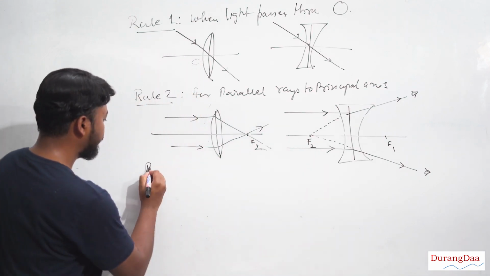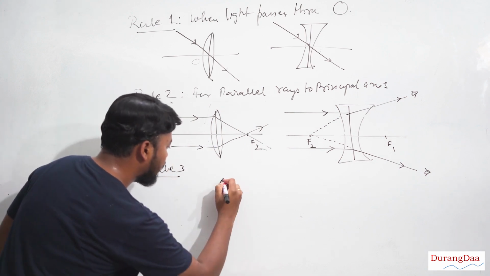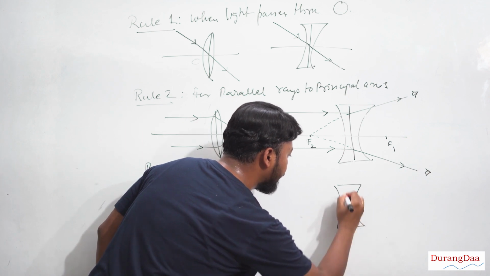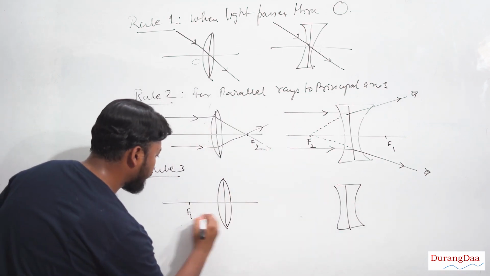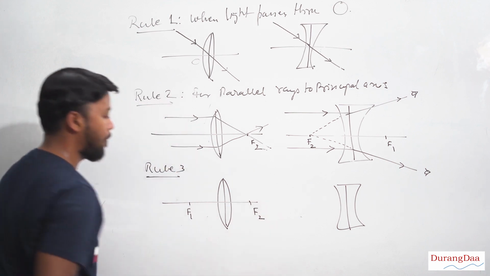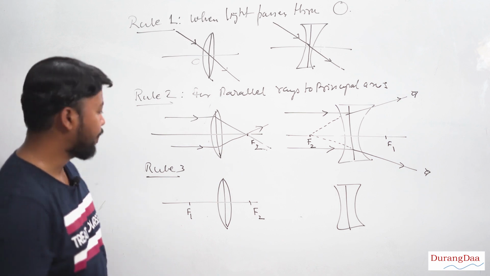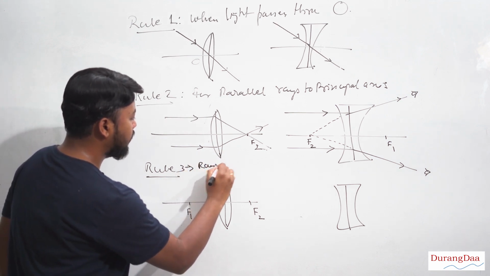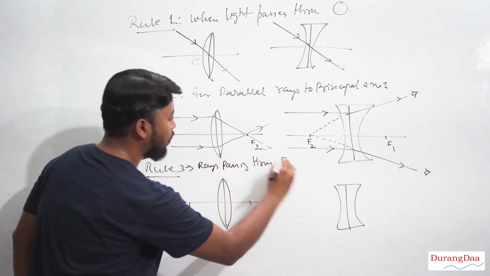Third rule, again for convex and concave separately we will discuss. This side is F1, this side is F2. If I draw a ray of light passing through F1, the third rule is related to rays passing through F1.